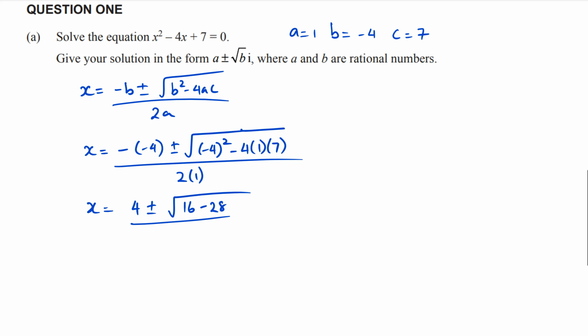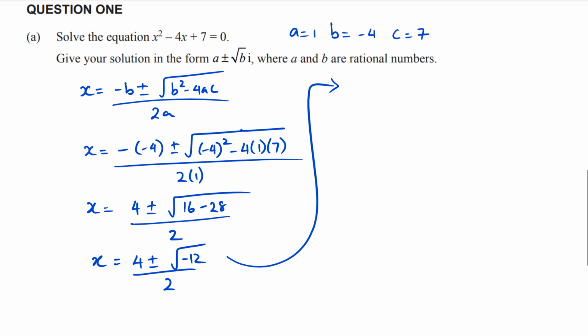Sorry, over 2, silly mistake. And then x is equal to 4 plus or minus the square root of negative 12 over 2. From here, we can rewrite negative 12 as positive 12 times negative 1, and just a reminder that i squared is equal to negative 1.